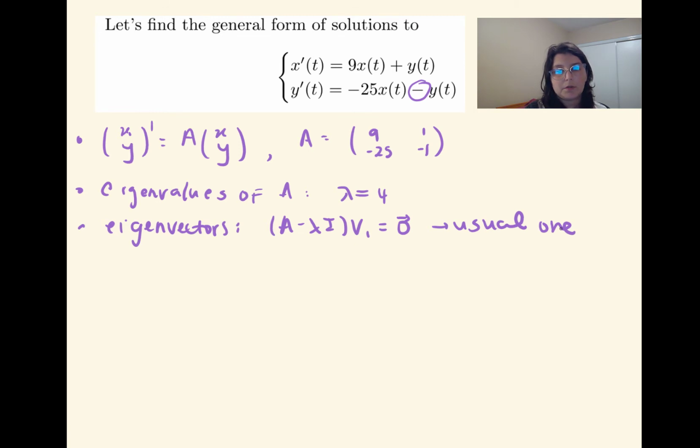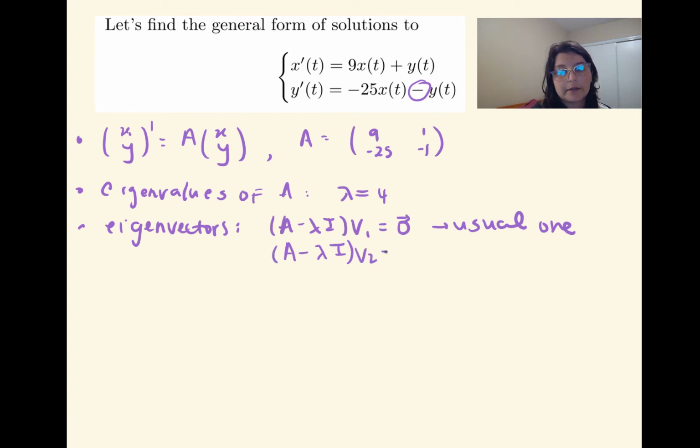Now, since we don't have more eigenvalues, and as I said, the matrix is not diagonalizable, because it's actually not diagonal, we will have to come up with a different eigenvector, called a generalized eigenvector.